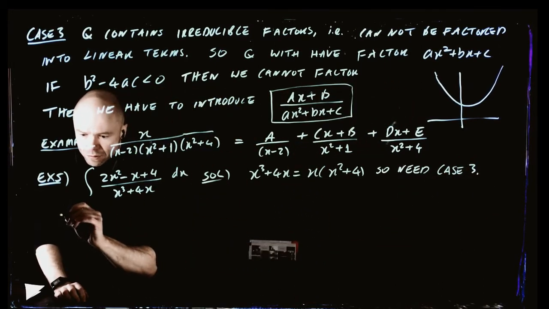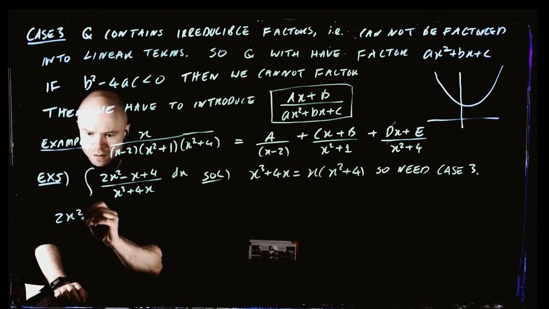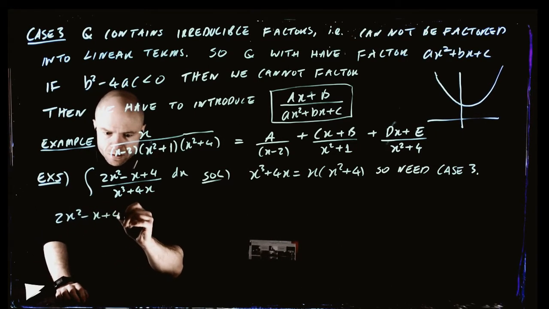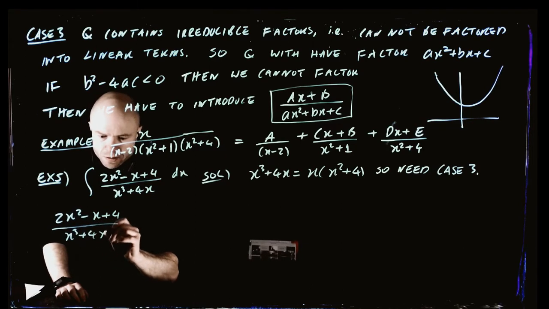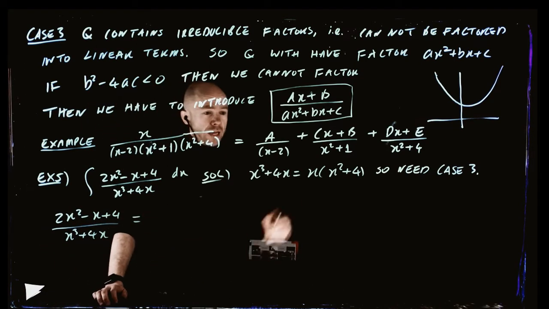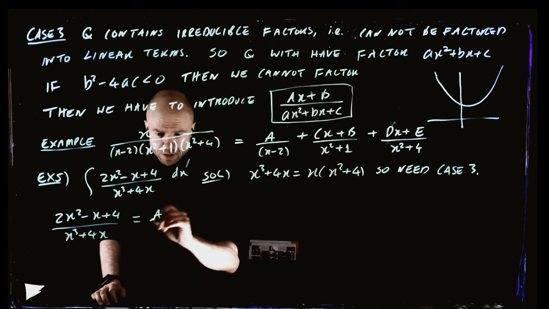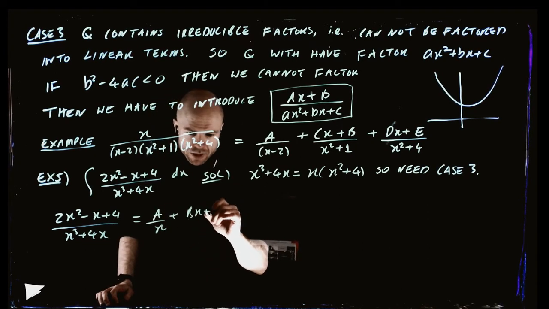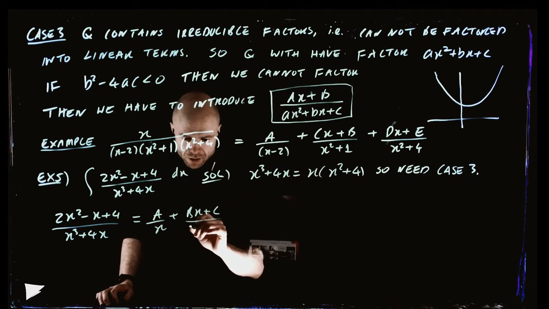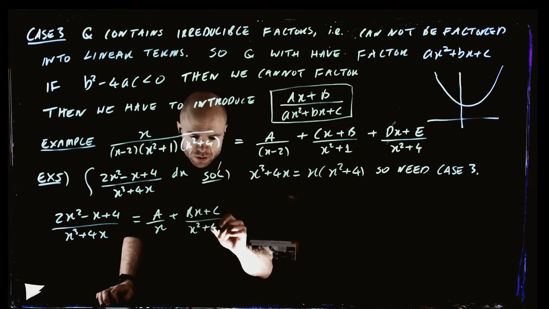So we need to write this thing over x to the 3 plus 4x. And we have one linear factor. Let's write this a over x. And then this bx plus c to handle this guy. Okay.